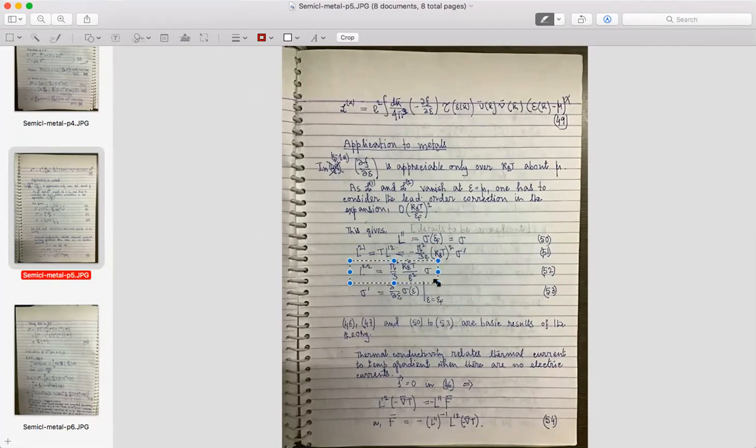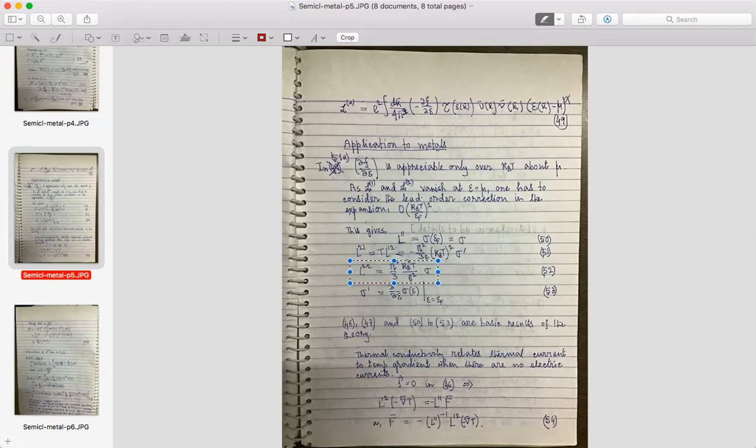Now, as we argued earlier, sigma doesn't have a strong dependence on energy. So close to the Fermi energy, it's essentially what it is at the Fermi energy. Any variation is at least smaller by sigma over epsilon F. So the order of magnitude of sigma primed would be sigma over epsilon F.